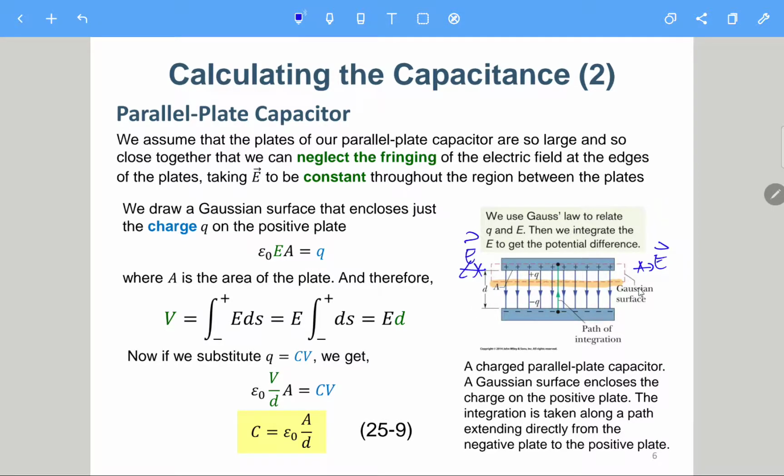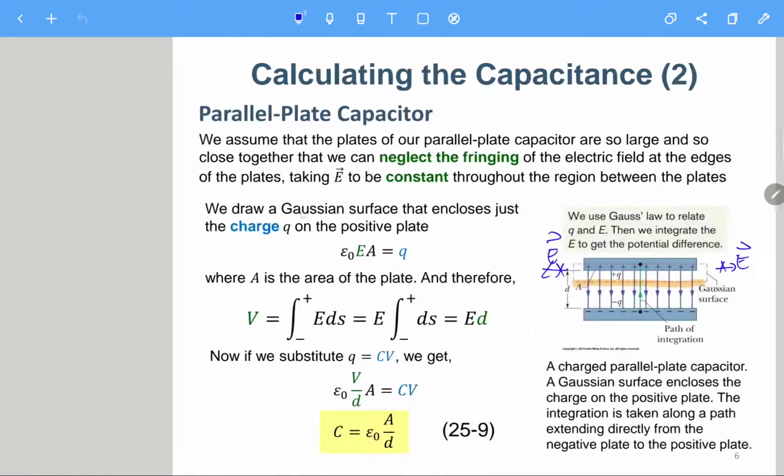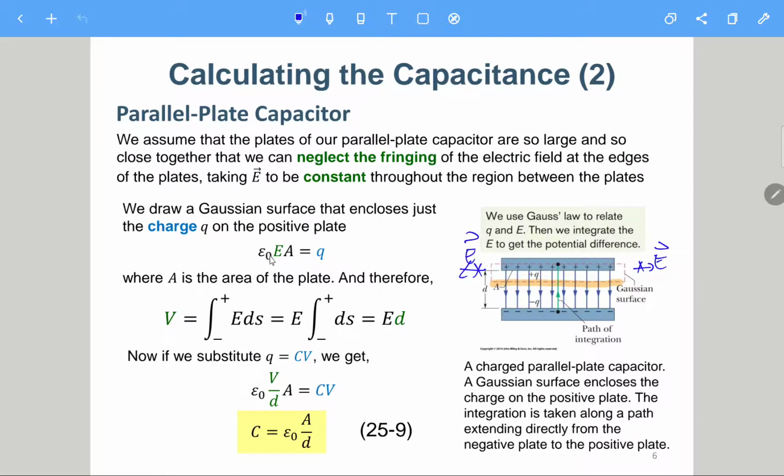So only this side will contribute the net flux. So it is EA for this surface integral, and epsilon naught EA on the left side, where Q is the enclosed charge. We assume all the charge is on the bottom side of this plate.